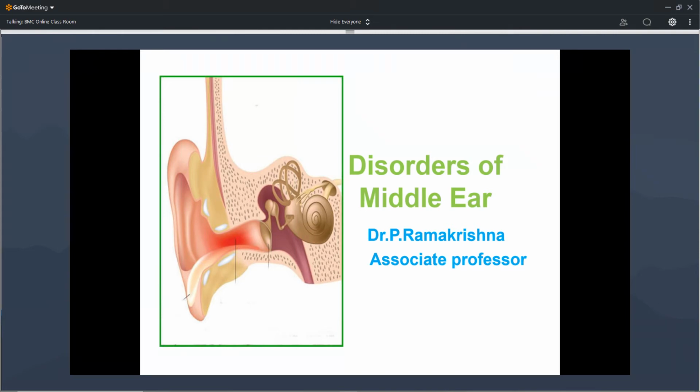Middle ear here means the middle ear cleft, and some diseases involve the entire cleft. Today I'll cover 3 topics: acute suppurative otitis media, non-suppurative or serous otitis media, and otitis barotrauma.